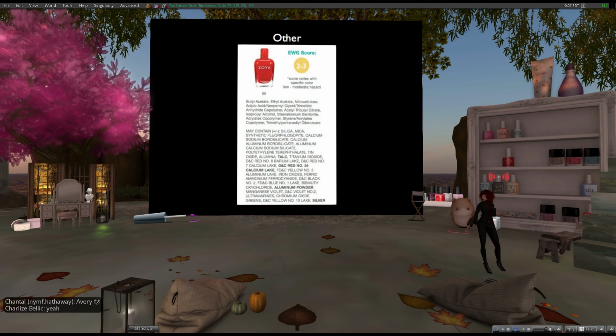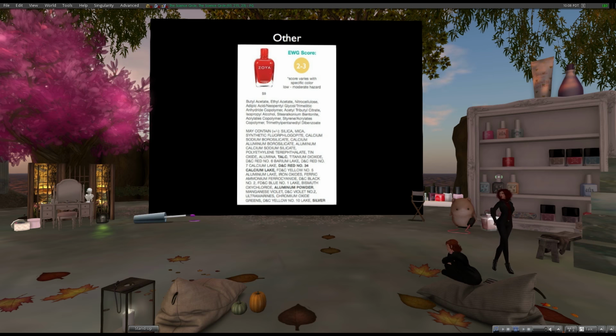And in fact, there's a group called EWG that gives a score for makeup products, which lets you find out how dangerous perhaps it is. And a score of 2 to 3 is mid-low for its ingredients. But look at the names of all these ingredients. You really do have to be an expert chemist to make nail polish work.